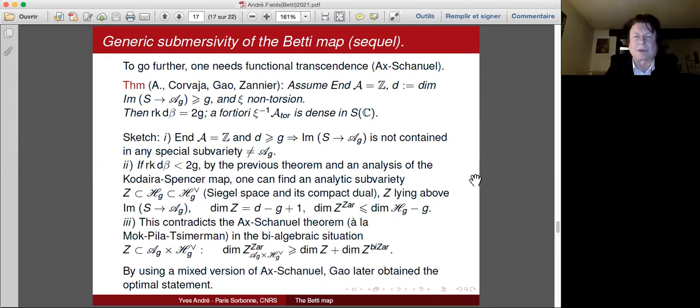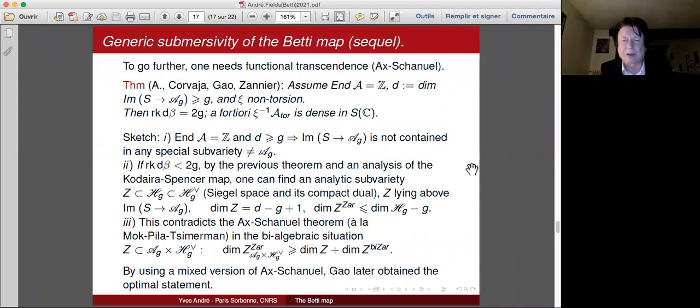So the proof uses three ingredients. First, the two assumptions, that there are no non-trivial endomorphisms and that the dimension of the base is at least g, imply, by an analysis of the classification of Shimura varieties, that this base, so the image of the base in A_g, the moduli space of principally polarized abelian varieties, is not contained in any special subvariety.